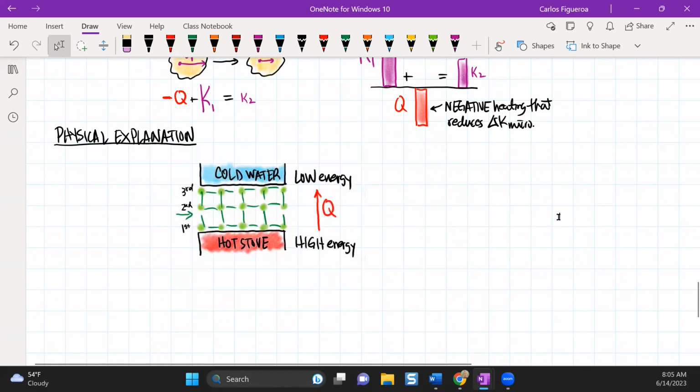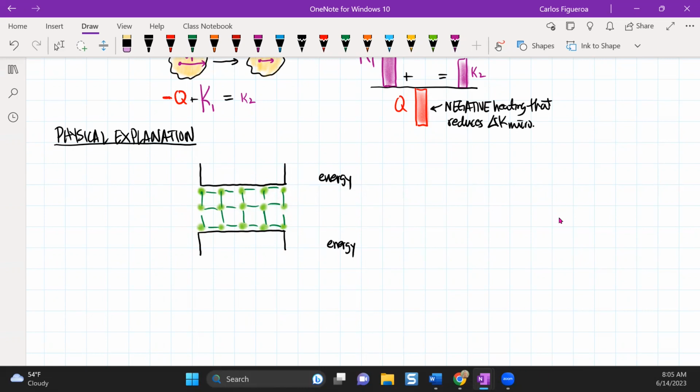Okay, so let me modify this picture here. I have to reverse this now. So now over here, I have my hot gas. So here's my hot gas.